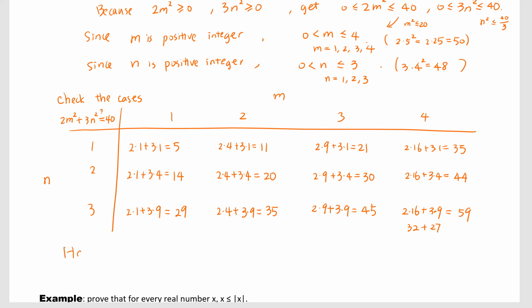So that's why we can conclude that 2m squared plus 3n squared equals 40 is false for all positive integers m and n. So we don't have a solution in this case.